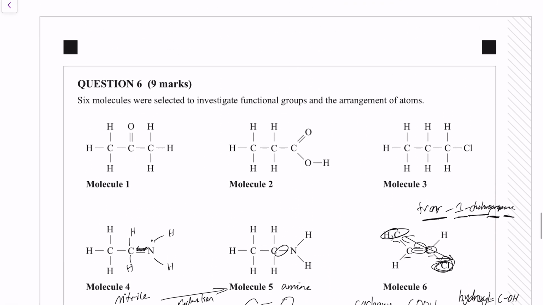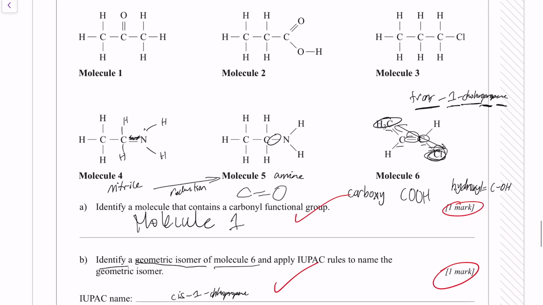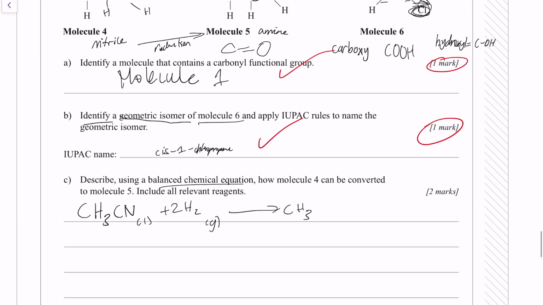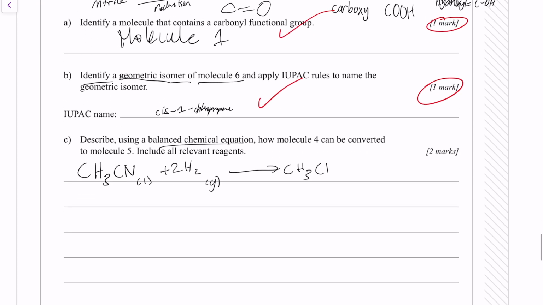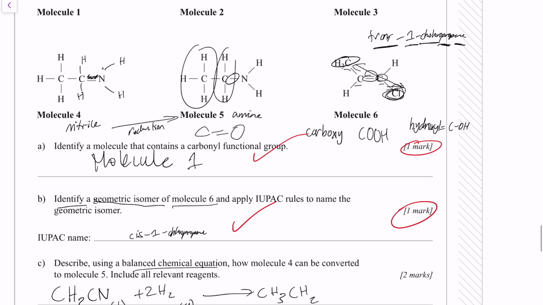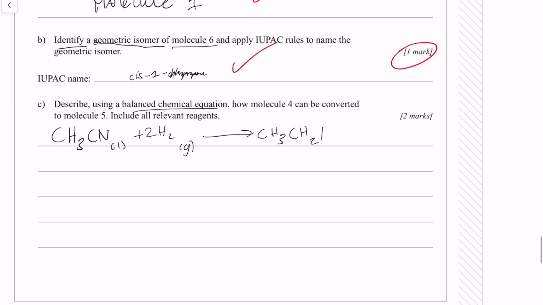So nitriles would be liquids, okay, and then our 2 hydrogens, 2H2 would be gases, okay, and then that would be converted to that amine. So just drawing it out now, CH3 is this part, CH2 is this part, and then NH2 is the next part. And that would also be a gas.